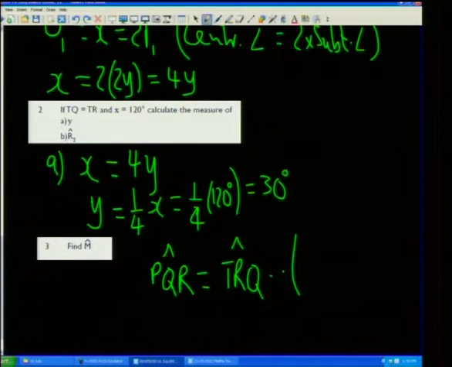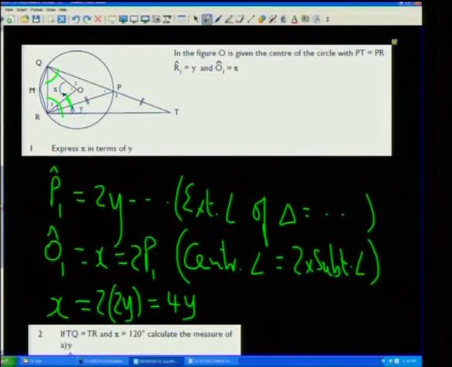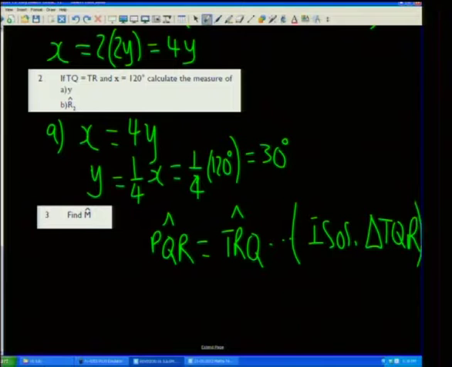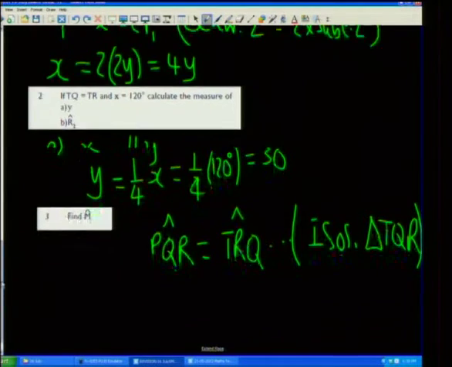And our reason for that, we've got an isosceles triangle. Which triangle is it? You have to specify that, TQR. Okay, so that's just one point to mention there.